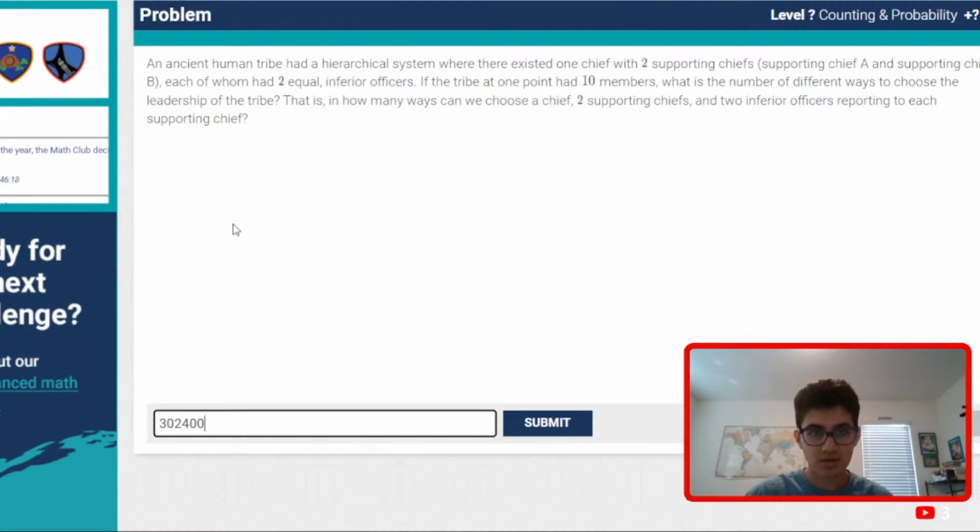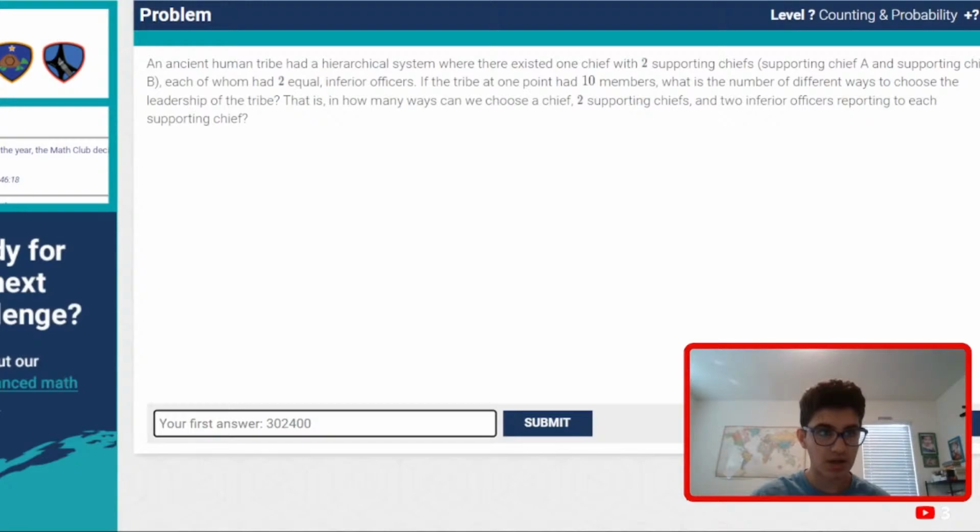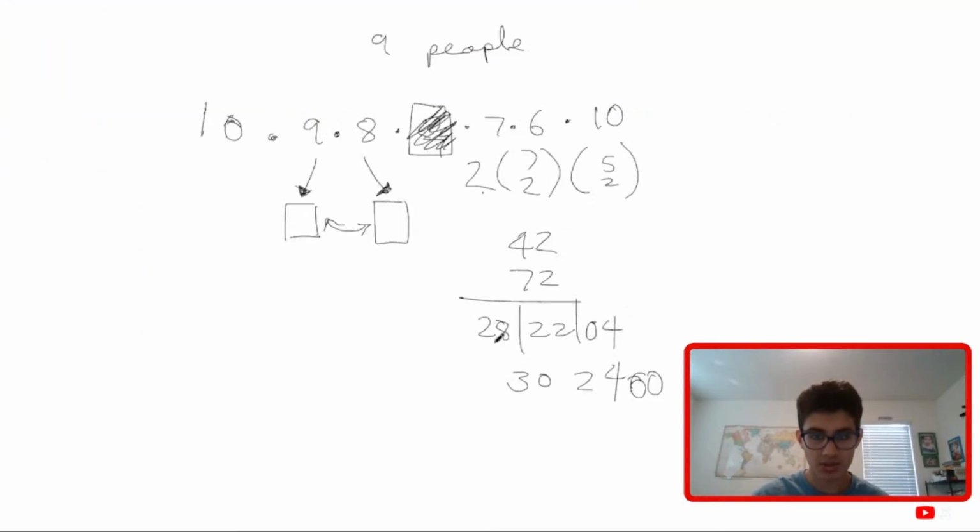But this seems like a lot, right? Okay, let's try it. Okay, something here is incorrect. Maybe I multiplied it wrong. That could be possible. So there are 10 ways to choose the first person, 8 ways to choose the 9 and 8 ways to choose the other two.